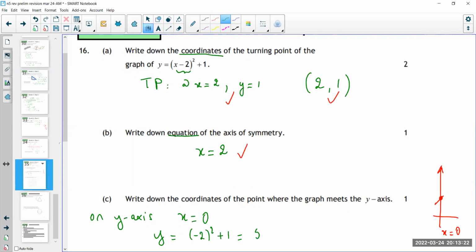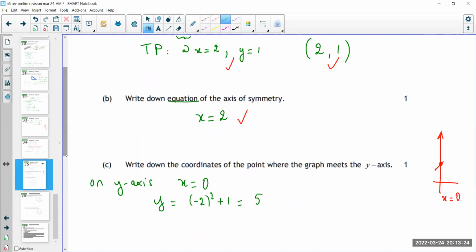That is 5. So how would you write the coordinates again? The point is at coordinate 0 for x, 5. Only 1 mark. A lot of work for just 1 mark.